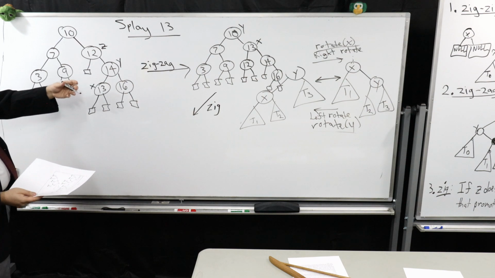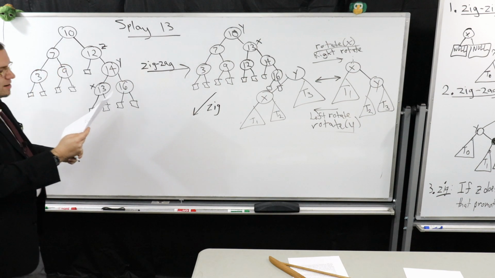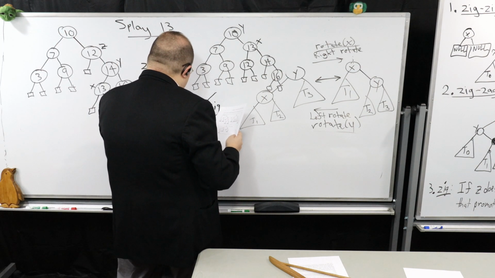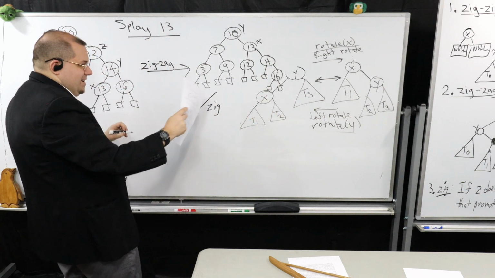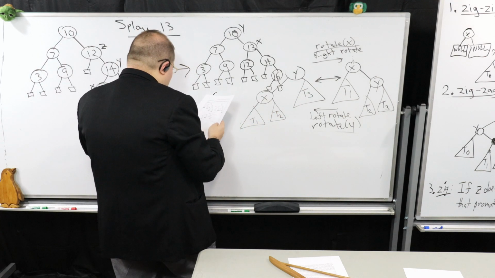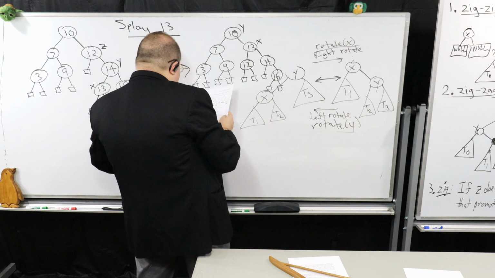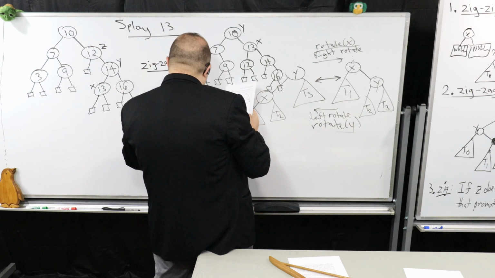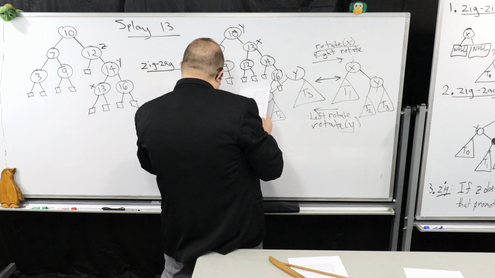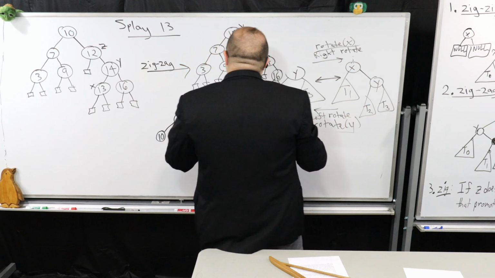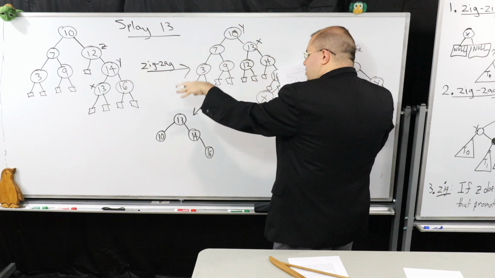So all I do is I promote 13, I demote 10. I just apply this right here. So 13, 10, 14, 16. Remember, the subtree that's over here with this 12 gets dragged over to 10.